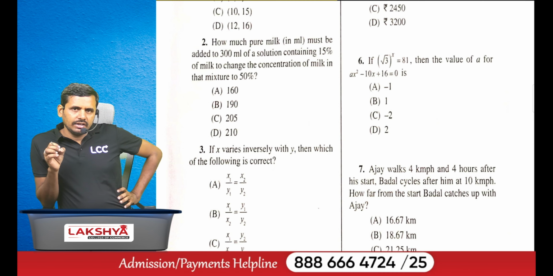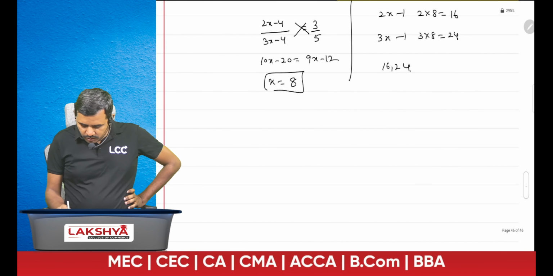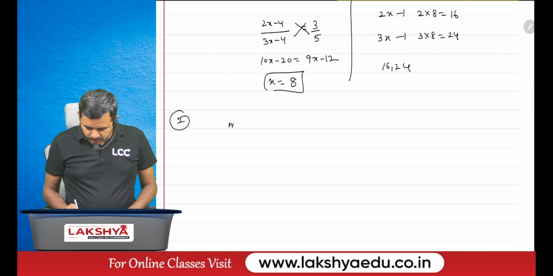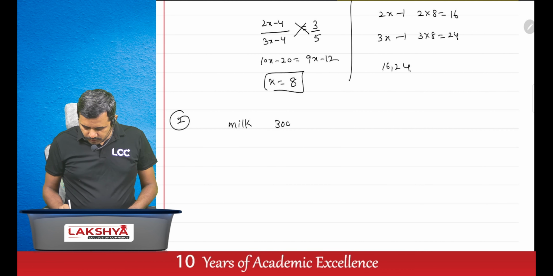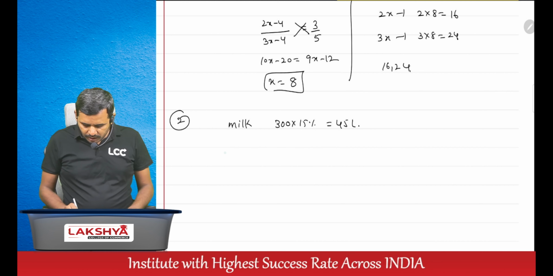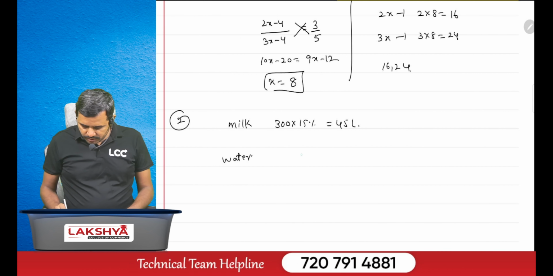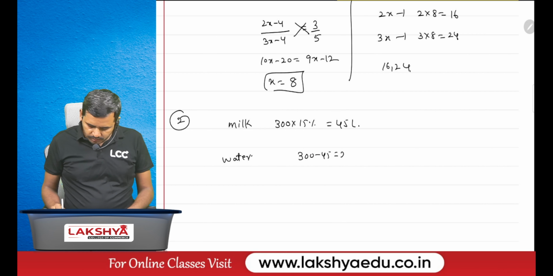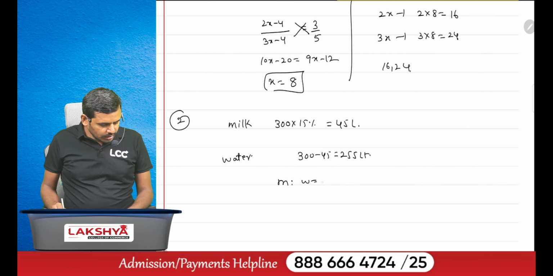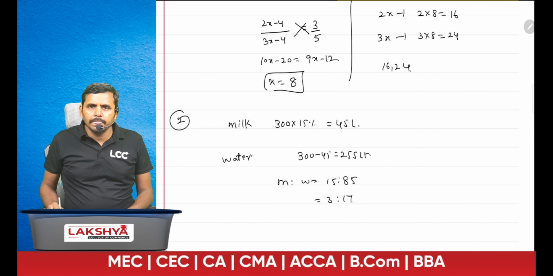The solution is 300 ml, and in that 15% is milk. The milk part is 15% of 300, that is 45 liters of milk, and let us assume the remaining is water. The water content is 300 minus 45, which is 255 liters of water. Hence, the milk to water ratio is 15 to 85, that is 3 to 17.